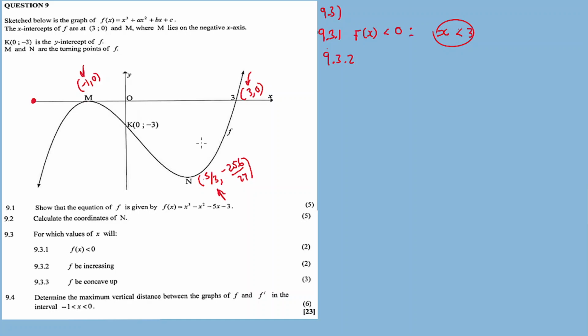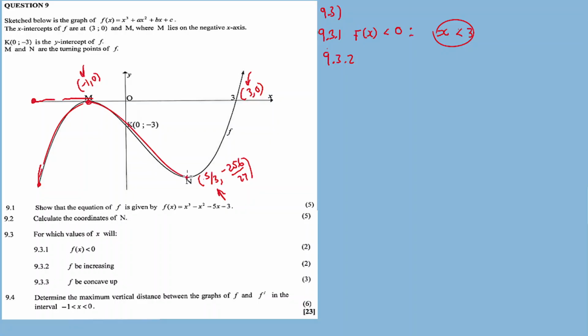So looking from the left going to the right, my graph is increasing because it's going up. Then when I arrive at m, it changes direction and goes down, meaning it's decreasing.